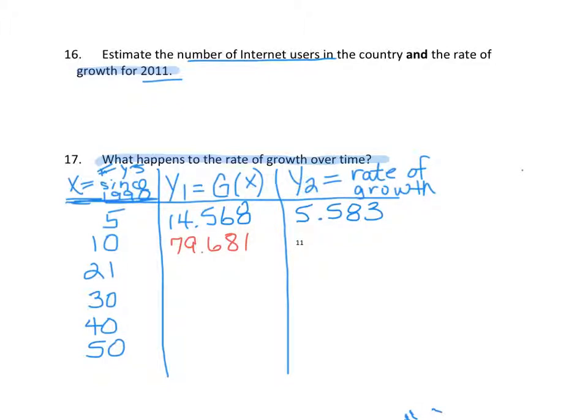So in 10 years after 1990, which is the year 2000, the population has grown to 79.681 million people that have internet, and the population is still increasing by 21.717 million people per year.